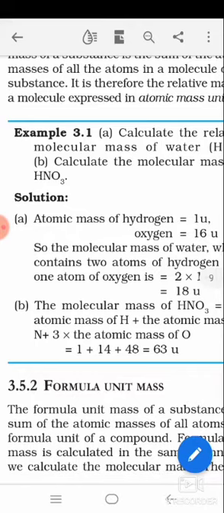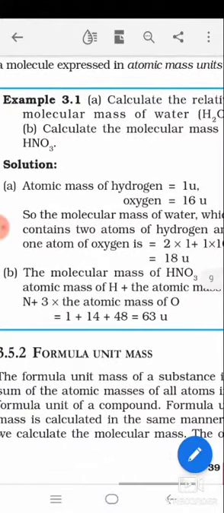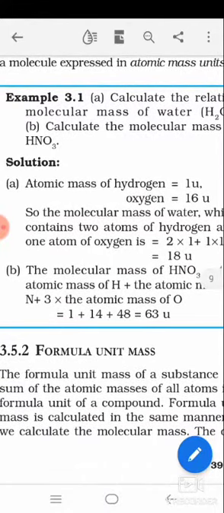The atomic mass unit is always denoted by the letter u.